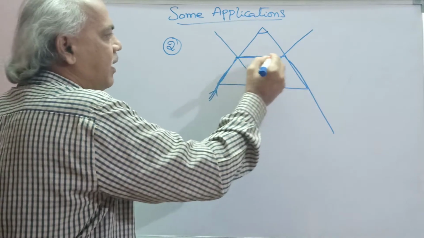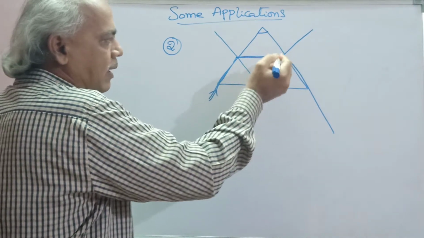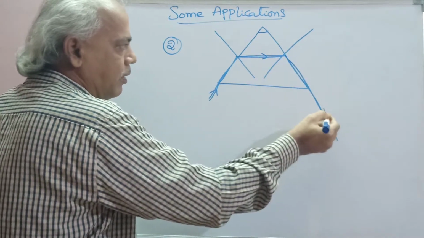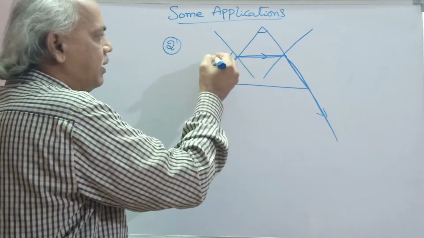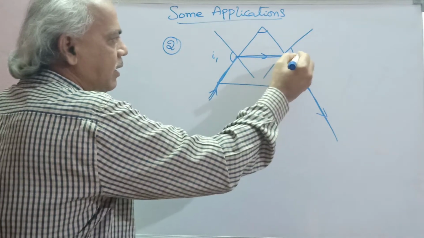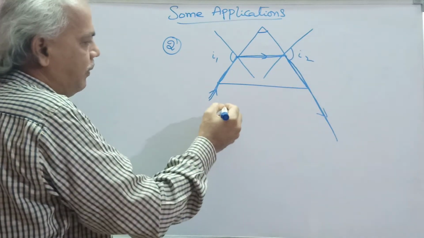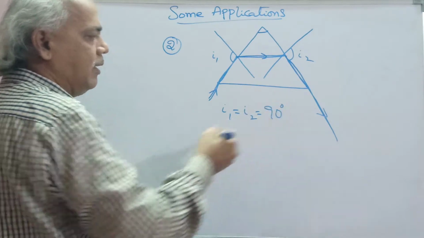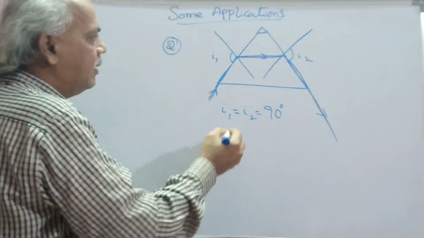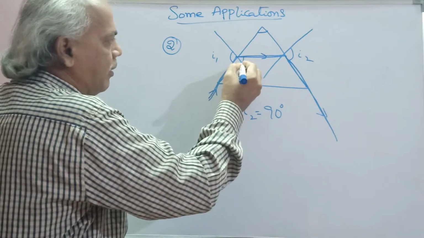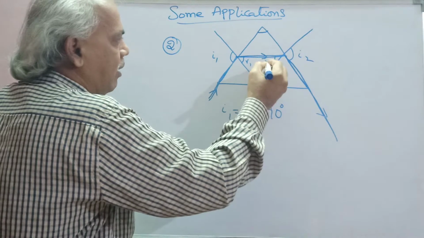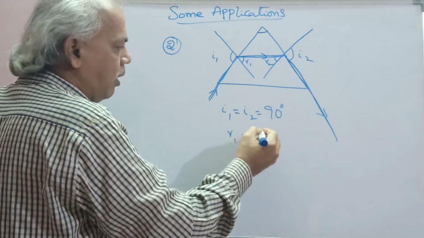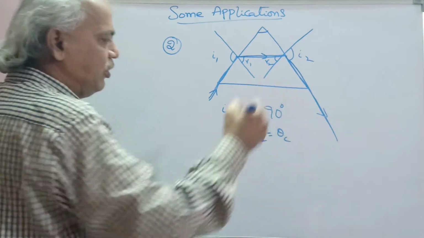The refracted ray emerges with grazing. So the angle of incidence I1 and the angle of emergence I2 are both 90 degrees. Then the angles of refraction R1 and R2 are both equal to theta c.